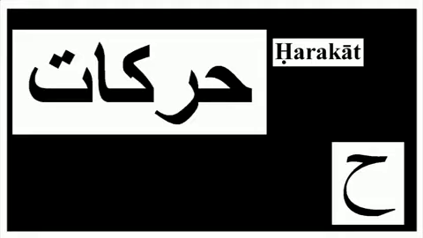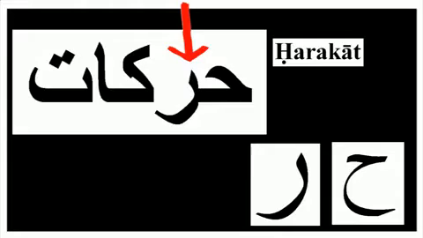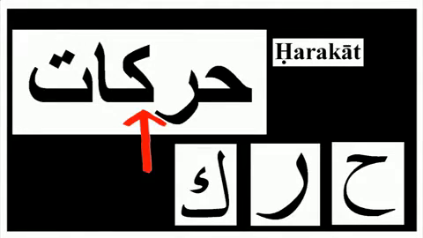And then immediately to the left of the Ha, we see the Ra. And we know that Ra is one of the 6 non-connectors, which is why it doesn't connect, and there's a small space in between the Ra and the next letter. However, you can see how the Ra connects to the Ha. Next, as we move to the left, there is the Kaf, in its initial form. Now, remember that initial doesn't necessarily mean at the beginning of a word.